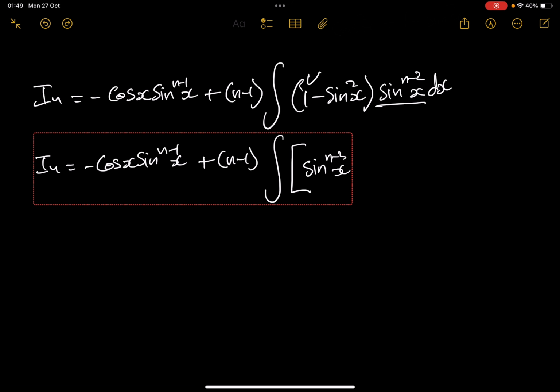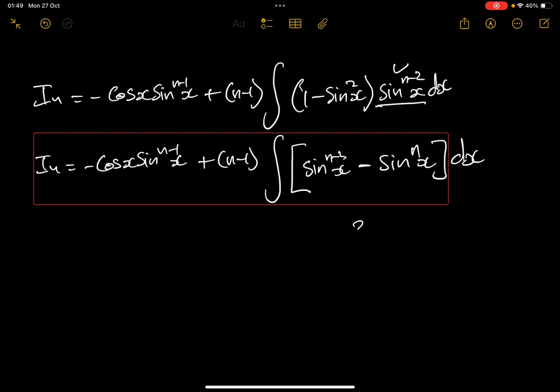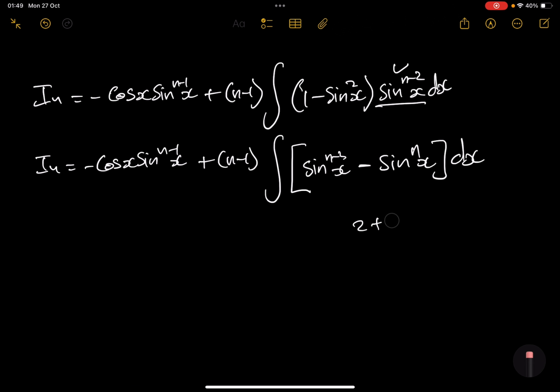And now this multiplied by this, what do you get? Same base, you add the powers. If you add the powers, you're going to get minus sine nx dx, right? Because it's 2 plus n minus 2, you get n.